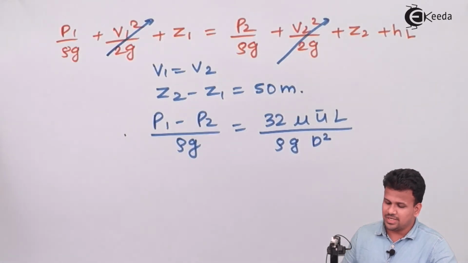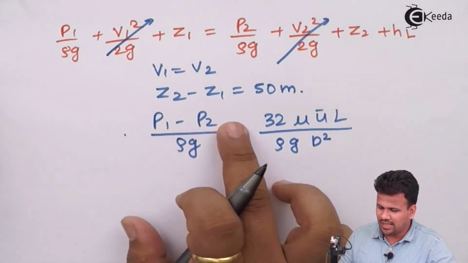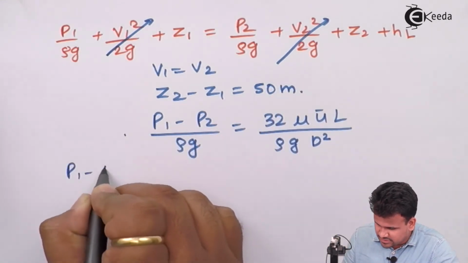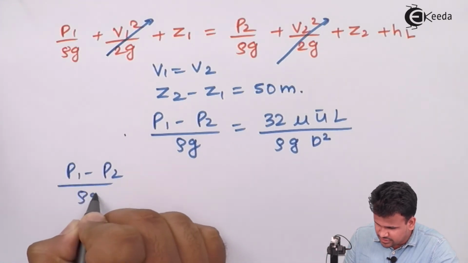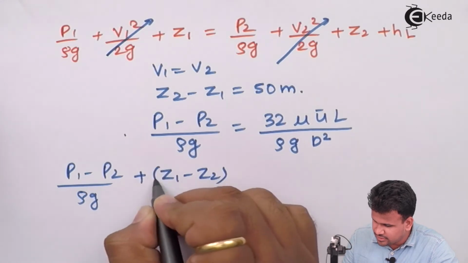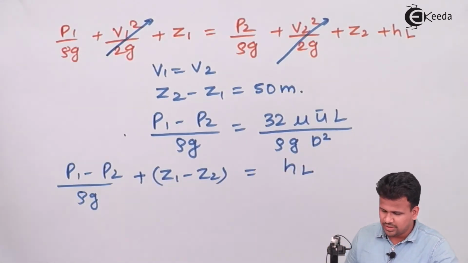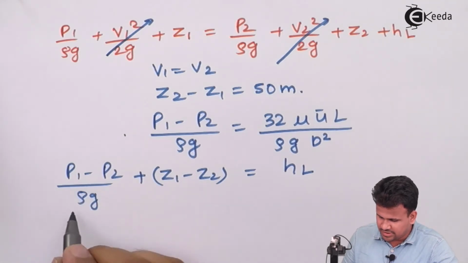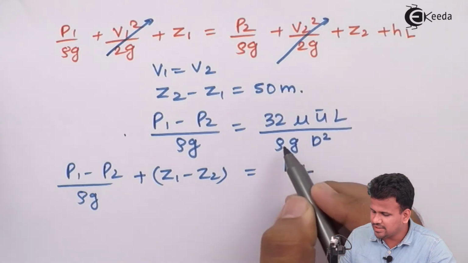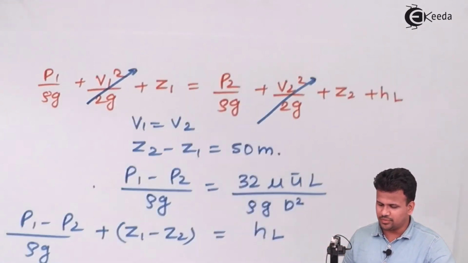The P1 and P2 terms club together, so P1 minus P2 upon rho g plus Z1 minus Z2 is equal to the head loss. So let us evaluate this equation.